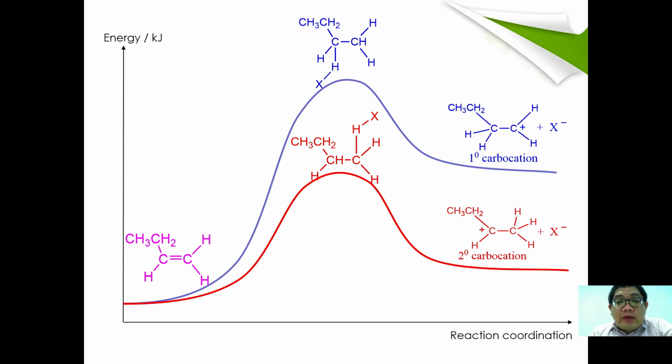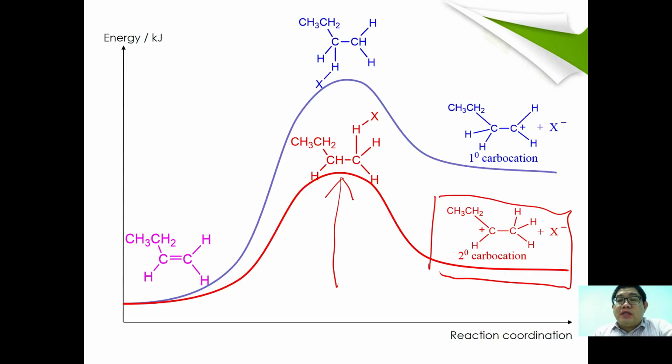You see from the reactions here that protonation is easier to occur to form a secondary carbocation because the activation energy is lower. Therefore, in terms of stability, a secondary carbocation is more stable compared to a primary carbocation.